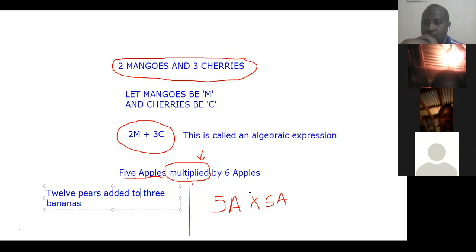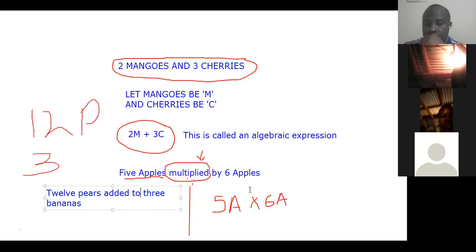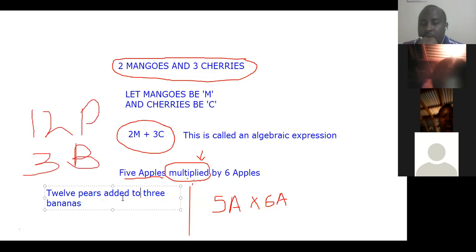Right, but what are you doing to the two of those terms, Dejan? What operation are you doing to them? Adding. Good. So put your addition sign between them.